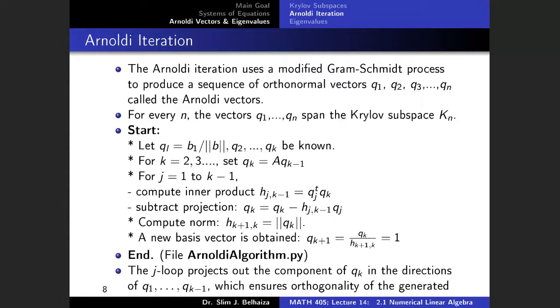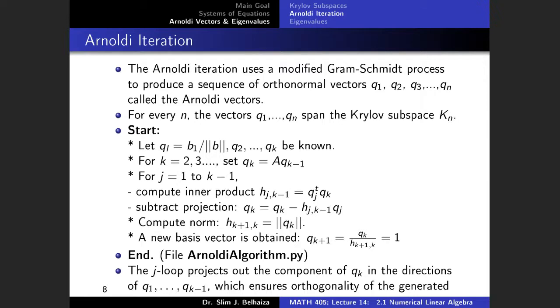So our objective is to generate q1, q2, ..., qn vectors which are orthonormal. So they are orthogonal and they have unit norm. For every n, the n vectors span the Krylov subspace, so they are a basis for the Krylov subspace. I'll detail the iteration here so we can understand.